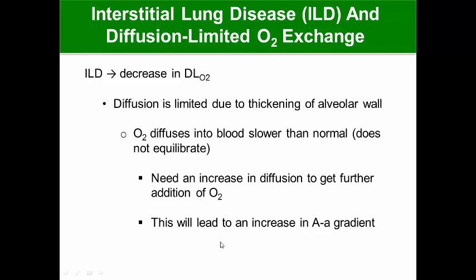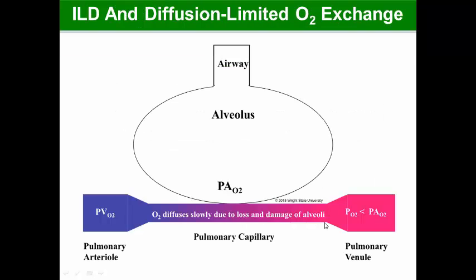So we will have an increase in the gradient in the partial pressures of oxygen between the alveolar air and the arterial blood. Remember, under normal conditions where the exchange of oxygen is perfusion limited, there is no gradient in the partial pressure of oxygen between the alveolar air and the arterial blood. So this is what we have here now.